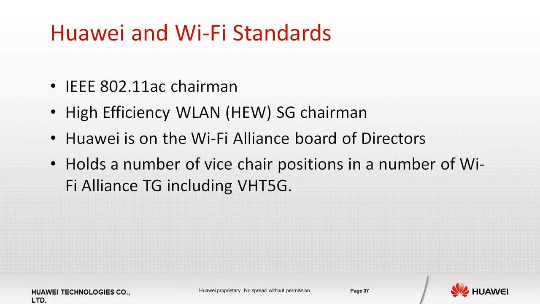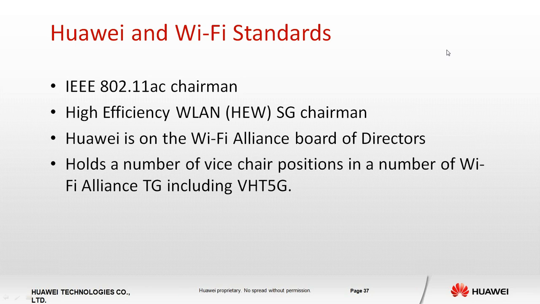Huawei is on the Wi-Fi Alliance board of directors, and it holds a number of vice chair positions in the Wi-Fi Alliance, including VHT 5G, which I think AJ hinted to in his presentation. And that completes my part, and back to you, AJ.